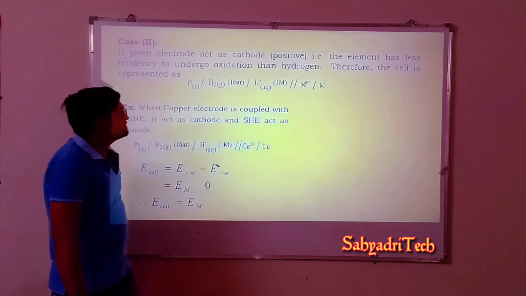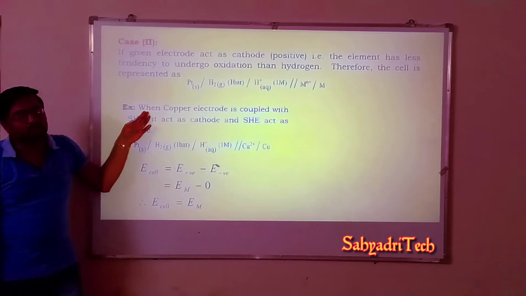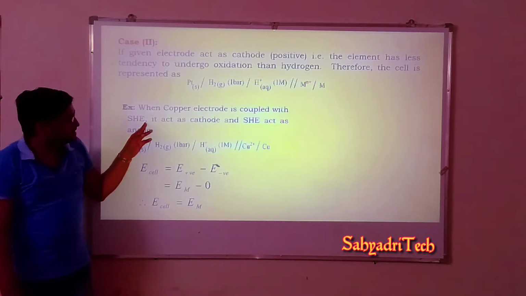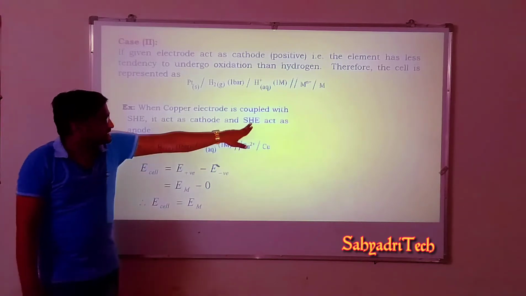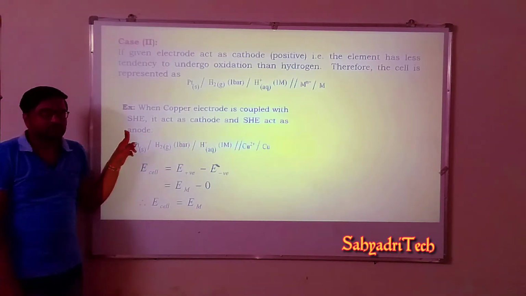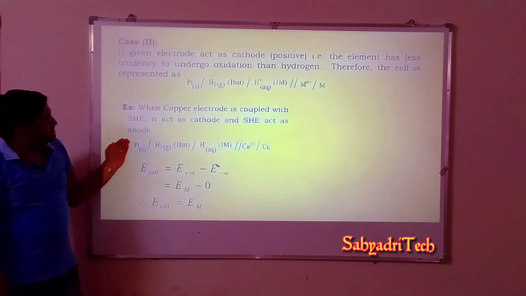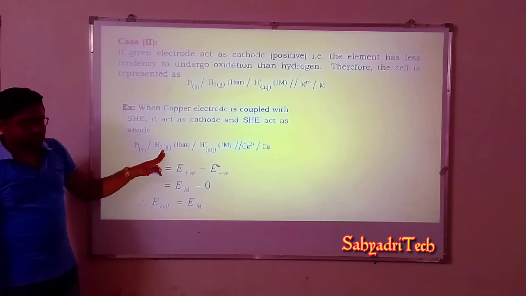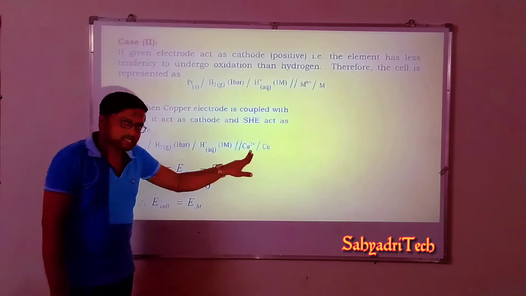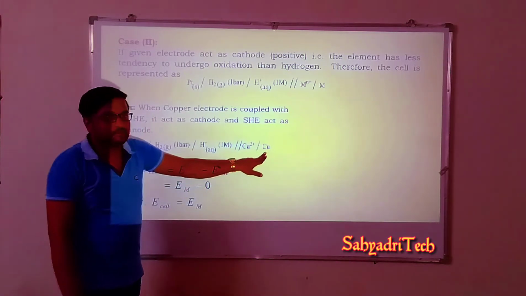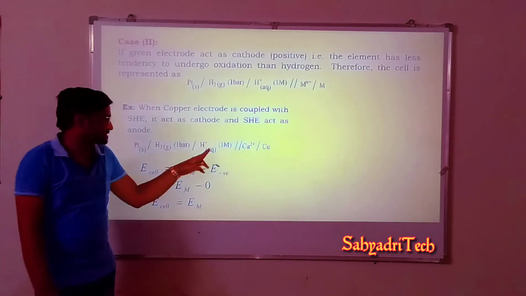An example for this: when a copper electrode is coupled with SHE, the copper electrode acts as a cathode while SHE acts as an anode. Platinum interface H2 gas, interface H plus ion, salt bridge, copper 2 plus ion aqueous, interface copper solid. So this is the representation.